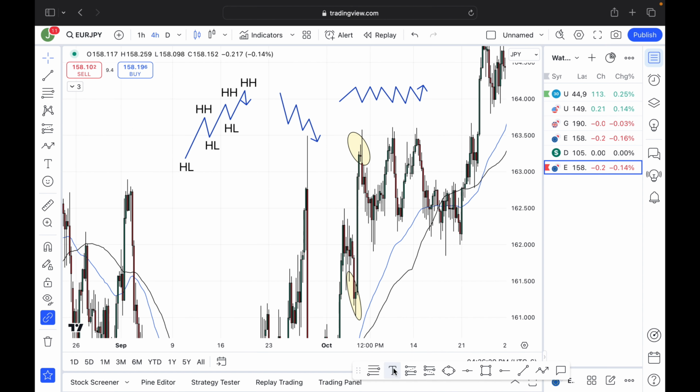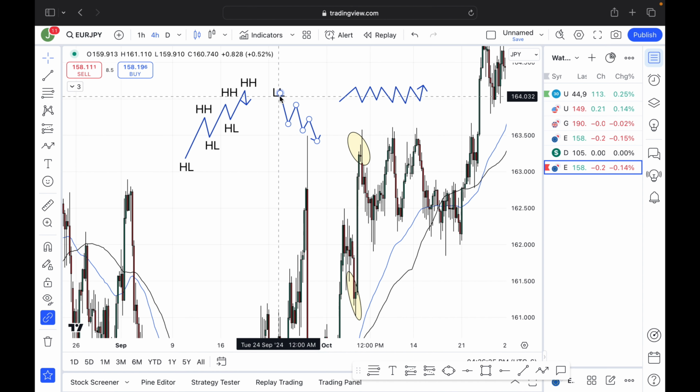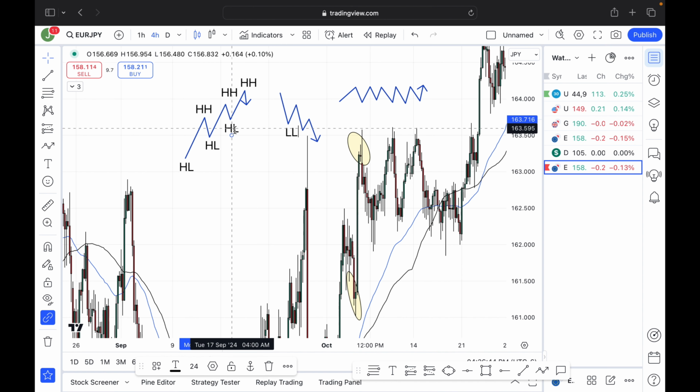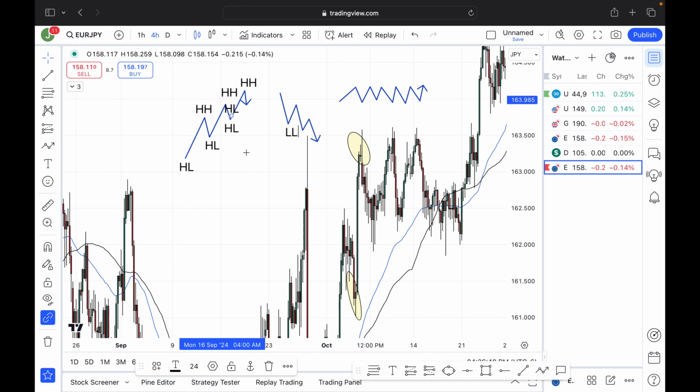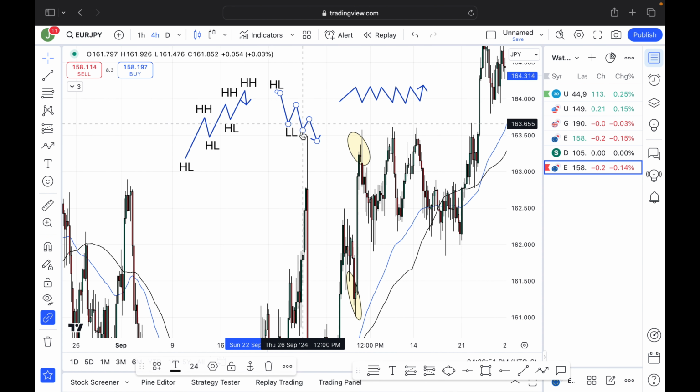So it is the opposite in a downtrend. We have a lower low. I'm sorry, I almost messed y'all up. We have a lower high and a lower low.